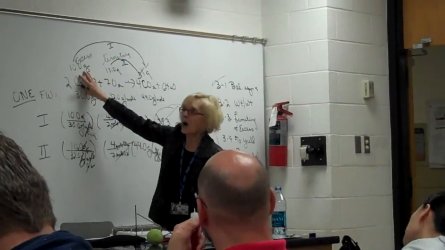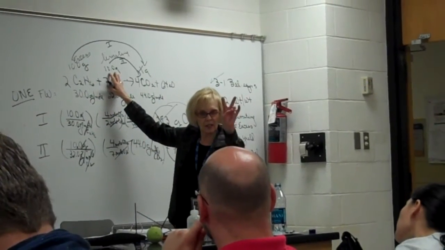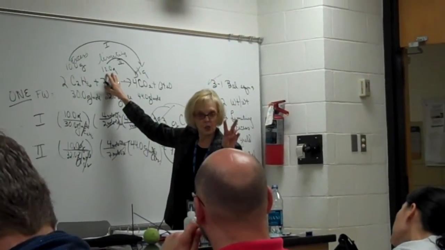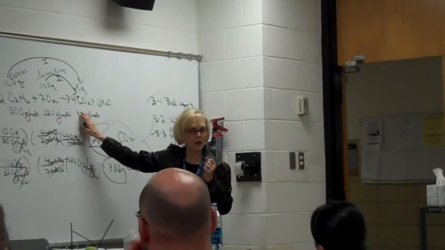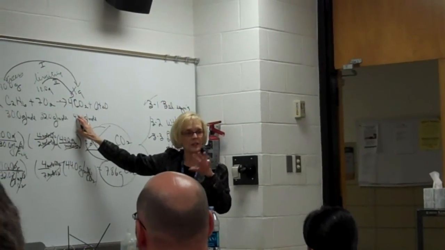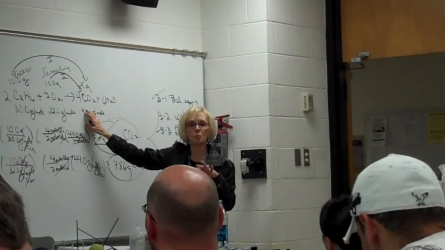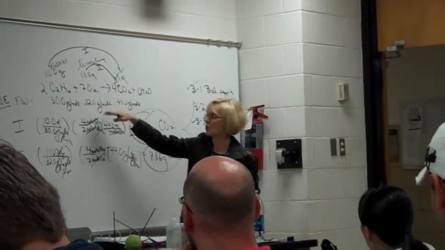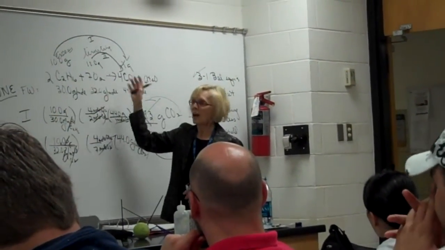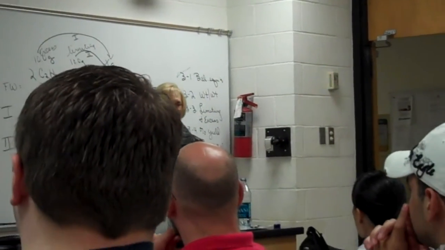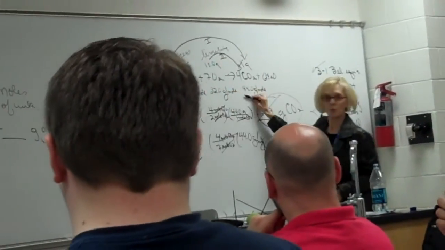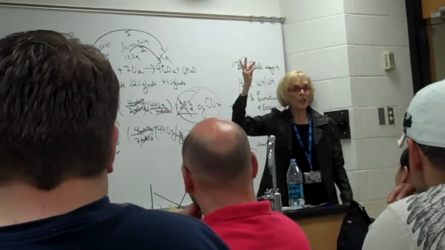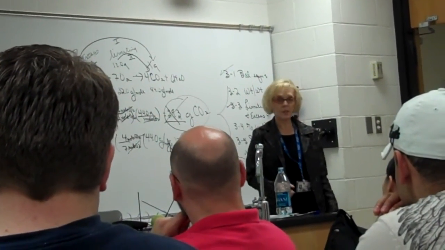So in limiting and excess, I'm going to give you at least 2 reagents, and I would always then ask for a product. The wording can vary a little bit from problem to problem, but essentially, that's what it is. Write out your equation, decide where the 2 knowns are, decide where your unknown is, decide where you need formula weights. Did we look at water? No, because water was never mentioned.